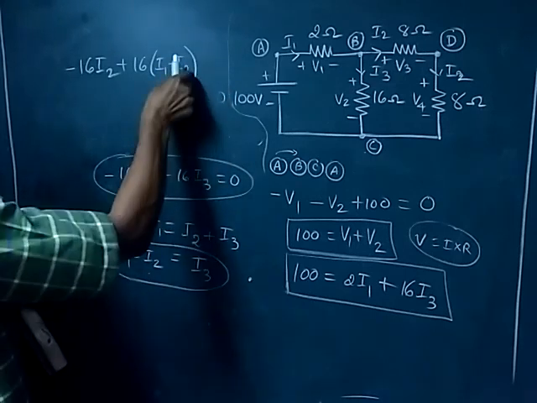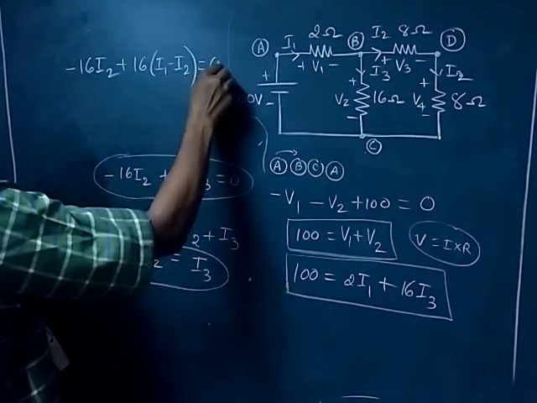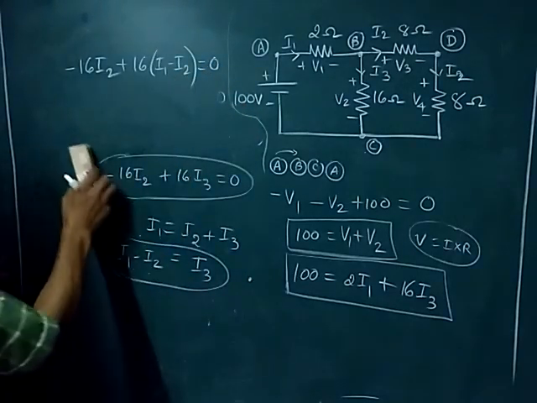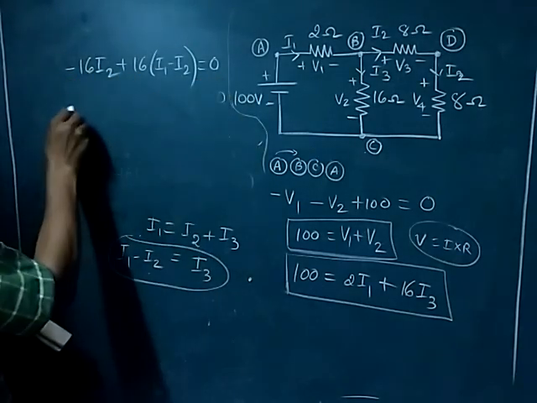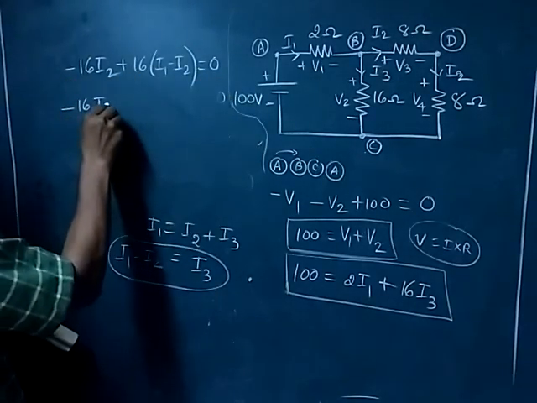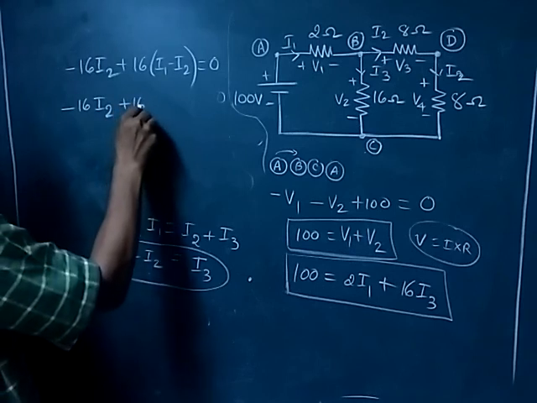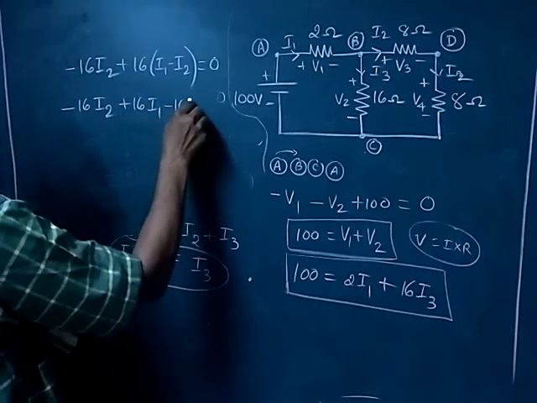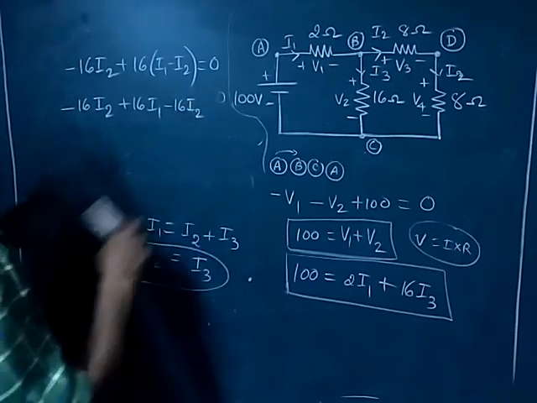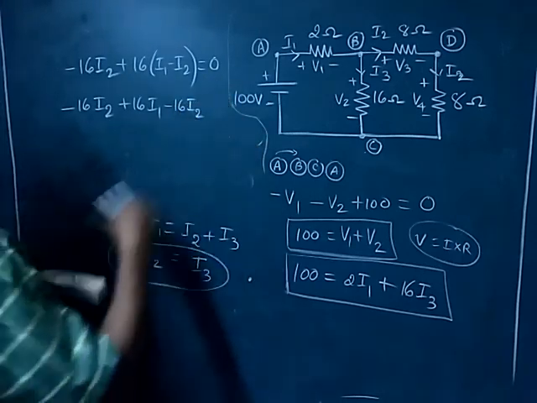This is I3, 16 I3 is equal to 0. Now we will rewrite: minus 16 I2 plus 16 I1 minus 16 I2 equal to 0.